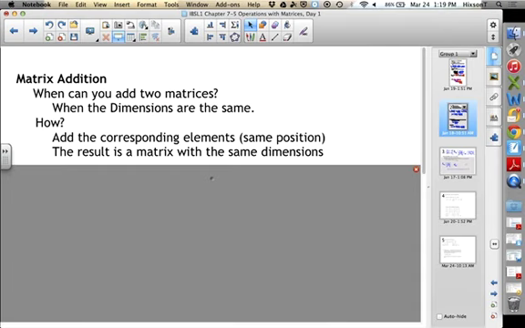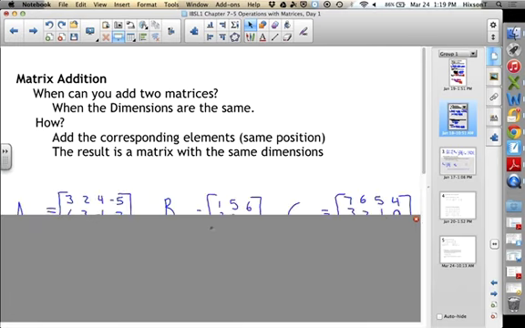Here, we are dealing with matrices that usually have more than just two elements to them. But you're going to add the corresponding ones together.